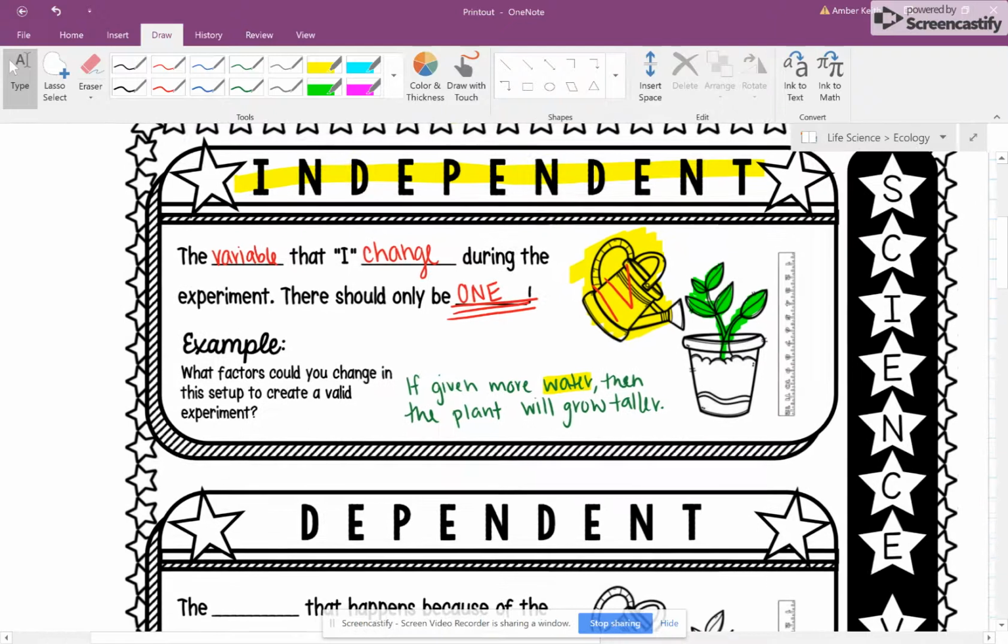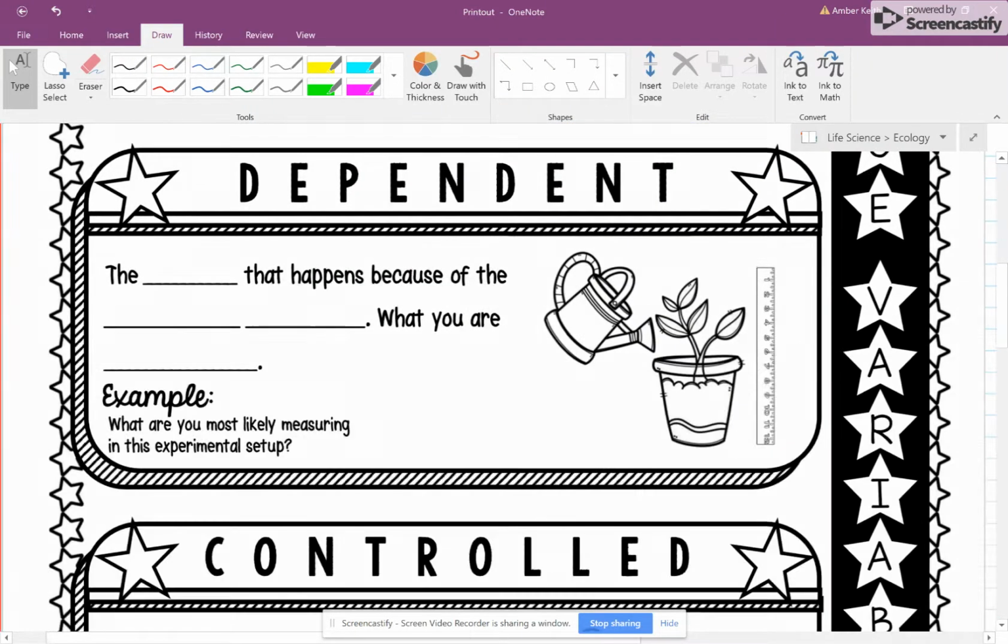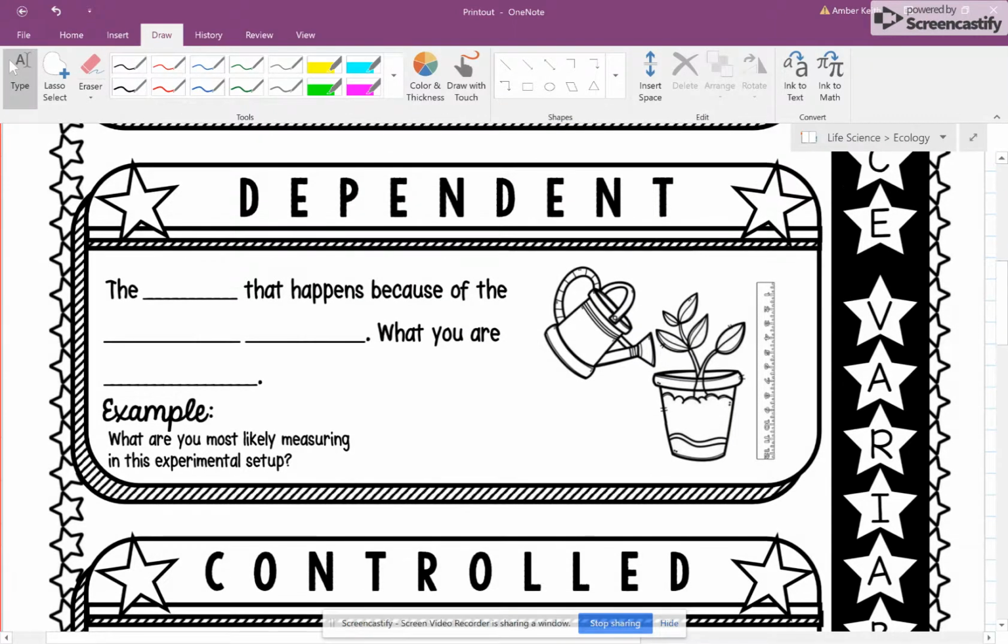Okay? So now we are moving down to dependent variable. This is the change that happens because of the independent variable. So it's what you are measuring.